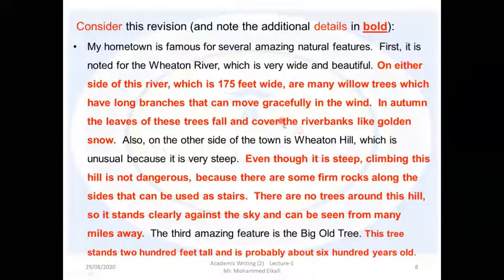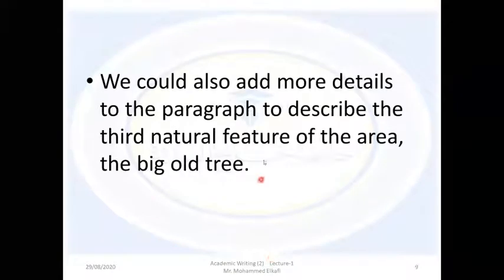We have the first supporting detailed sentences, here we have the second supporting detailed sentence, and the last one is the third supporting detailed sentences. Good. We could also add more details to the paragraph to describe the third natural feature of the area, which includes the big old tree. So as we saw in the previous part, we filled up one sentence, and you can talk more about this one.